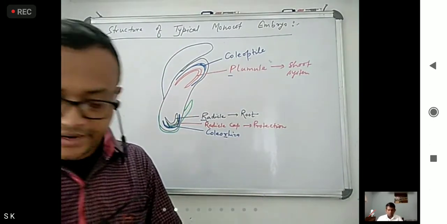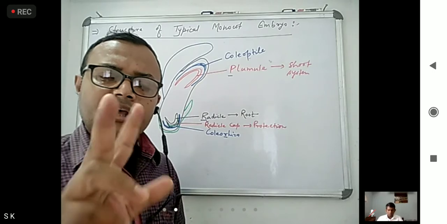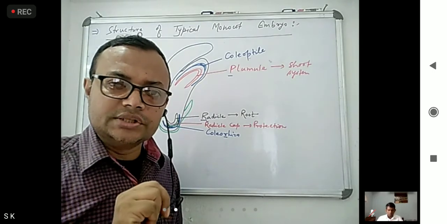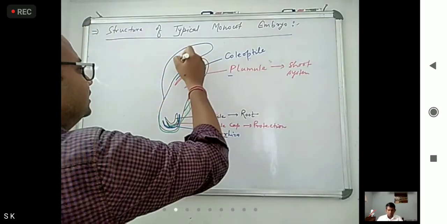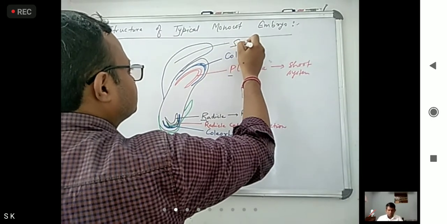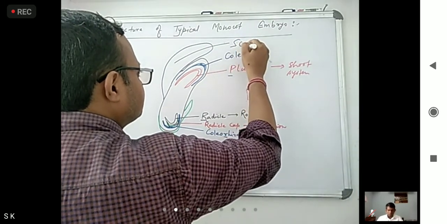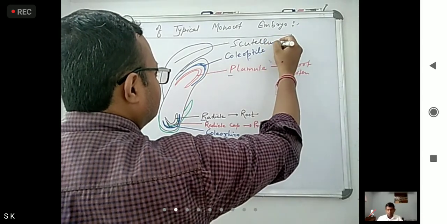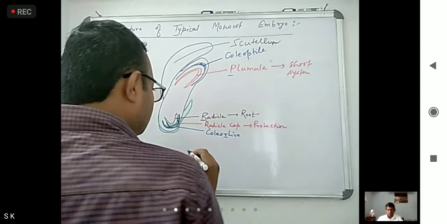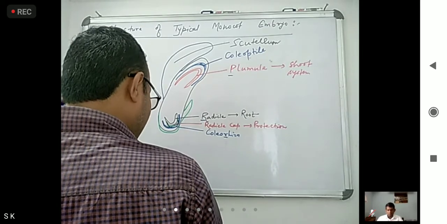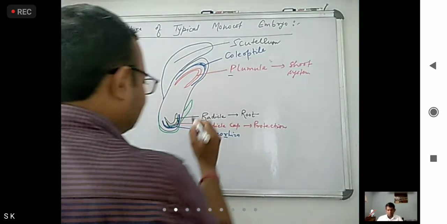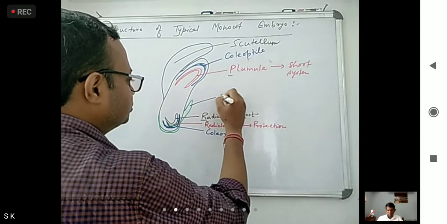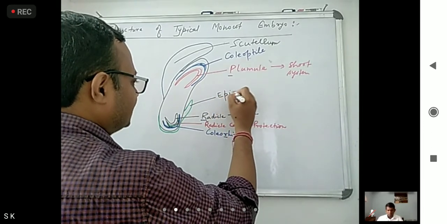Now we have seen in dicot two cotyledons were there. So here one cotyledon develops into scutellum. One cotyledon develops into scutellum, and the other cotyledon that was reduced is known as epiblast.